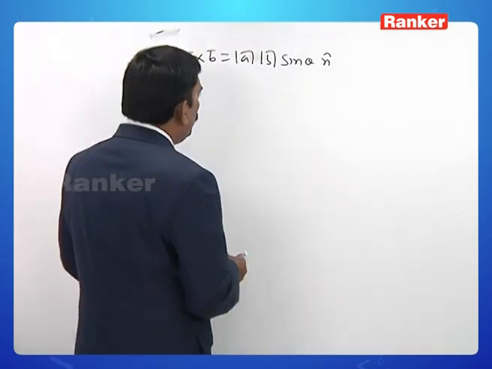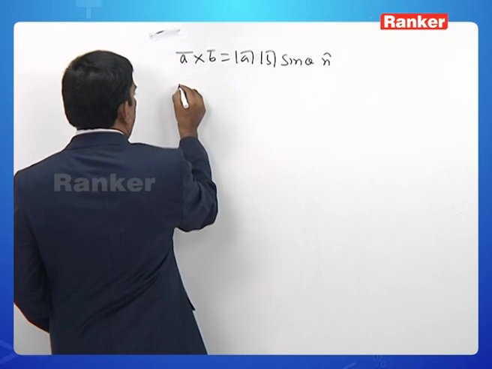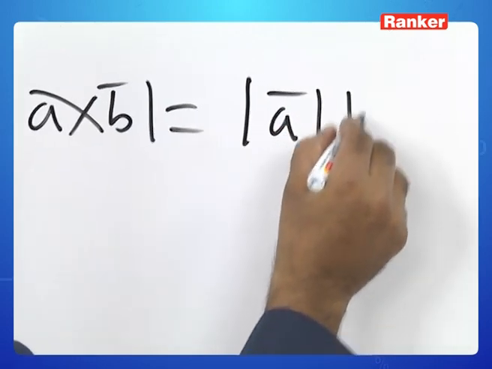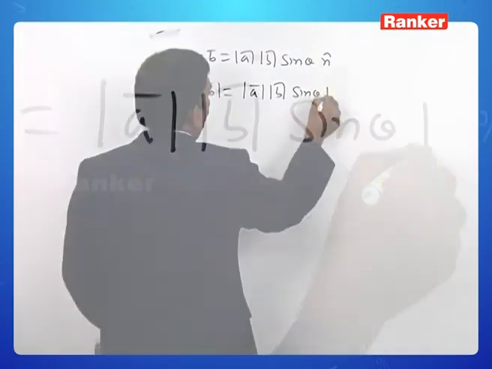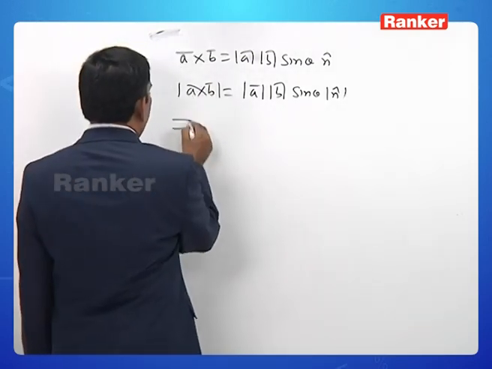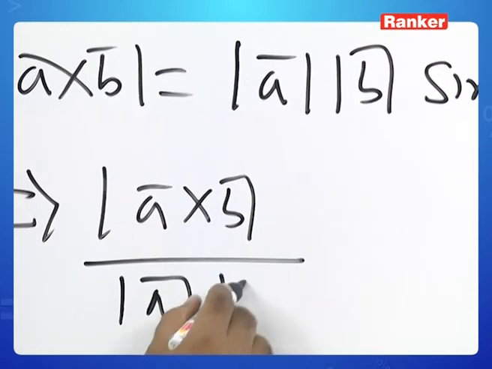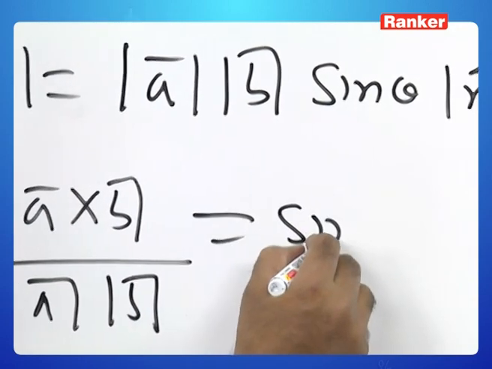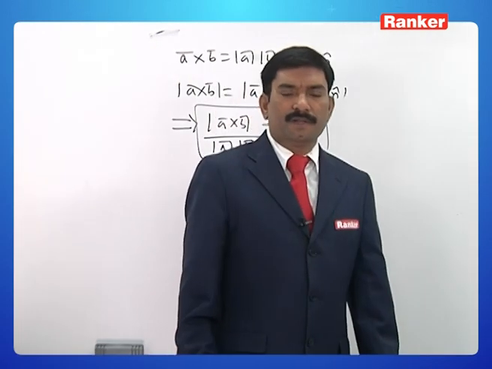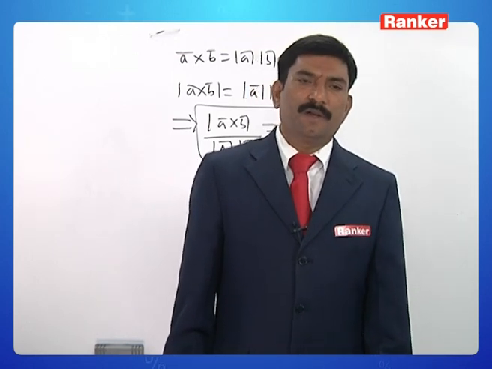The cross product is a vector quantity, and the angle is a scalar quantity, so take the modulus on both sides. Modulus of A bar cross B bar is equal to mod A into mod B into sine theta into modulus of n cap. Modulus of n cap is equal to 1, which implies modulus of A bar cross B bar by mod A into mod B is equal to sine theta. This gives the angle between two vectors using the cross product.